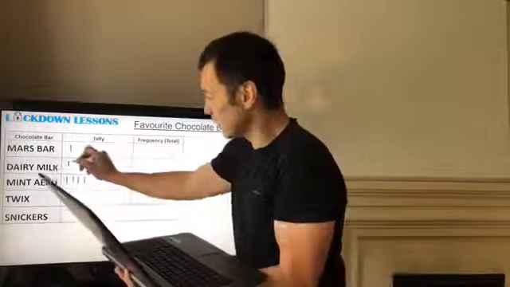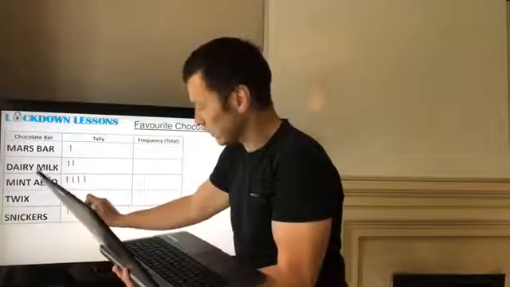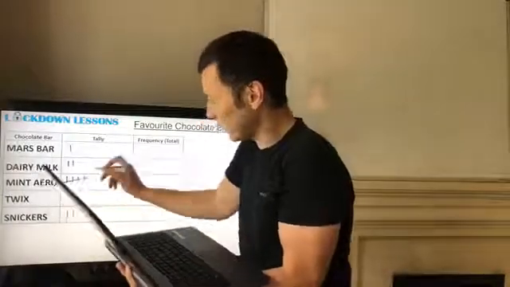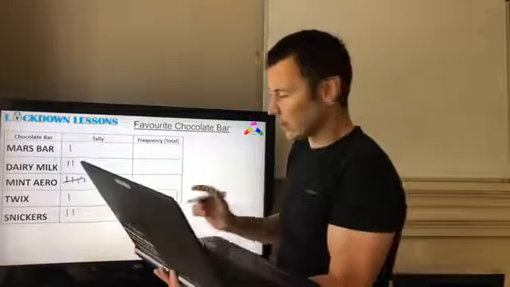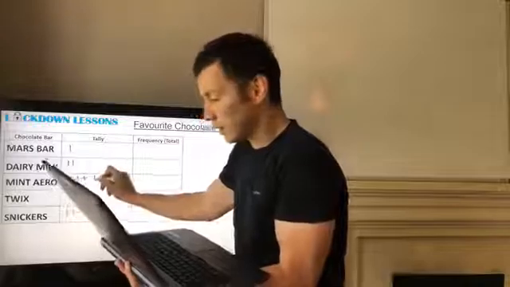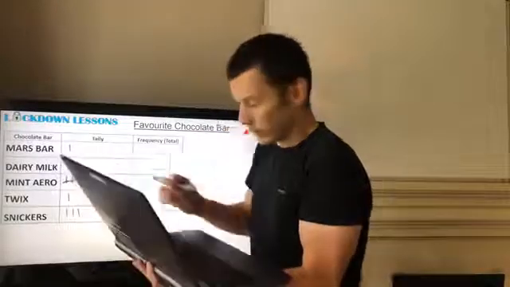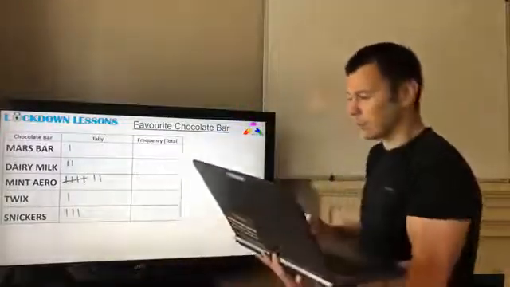Twix, dairy milk, Snickers, mint Aero again. Snickers and mint Aero. Mint Aero again there. Aero destroying the competition.